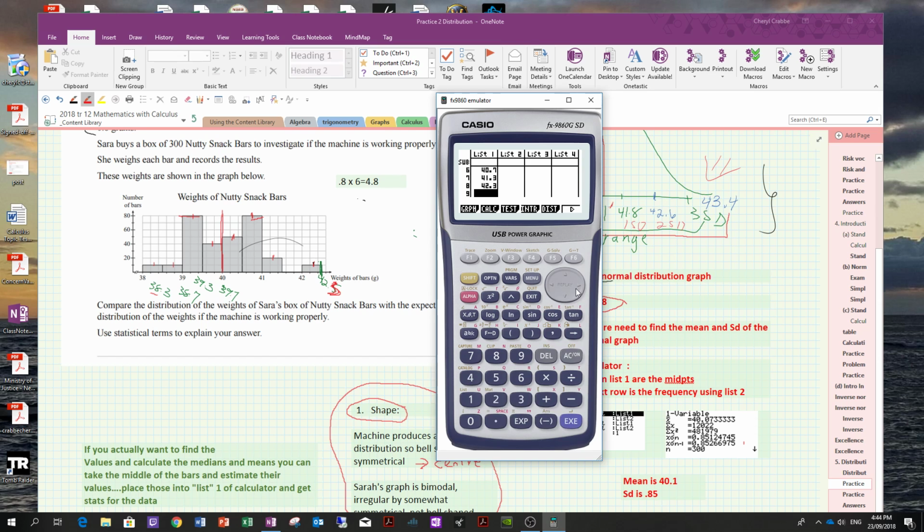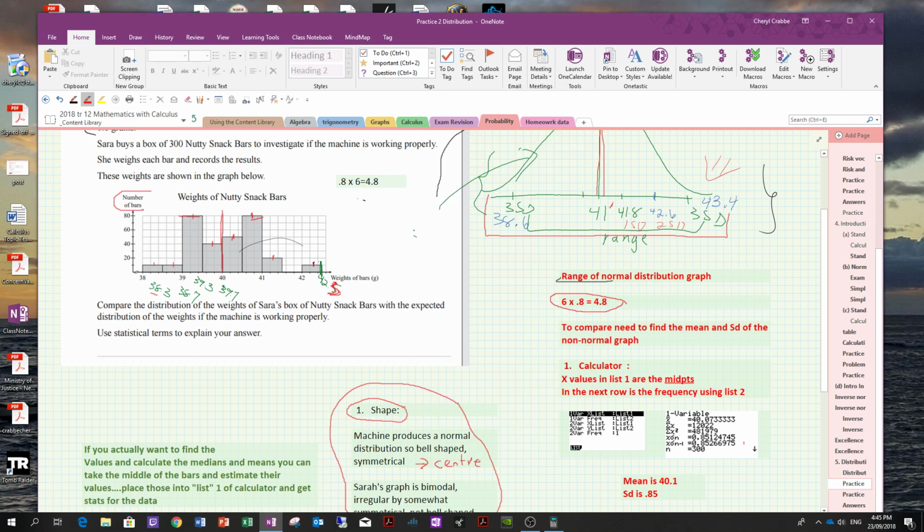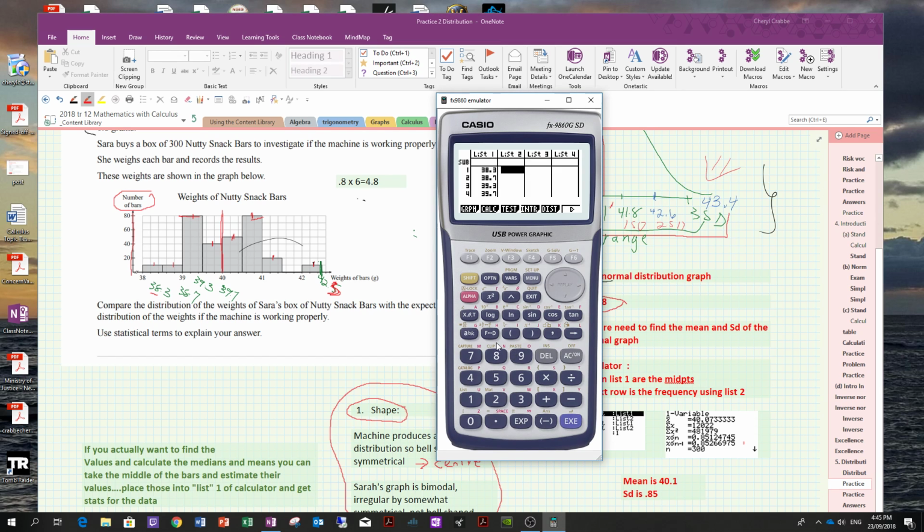All right. Now, if we go over to list 2, what we're going to put over in list 2, and this is very important if you're going to calculate the mean and median and mode for this particular graph, is the frequency. The frequency over here tells me how many of each we have. So we have the first bar, there's 10 and 10, and then 80 of those, and then 40 and so on. So we're going to put those values in to match up against the column.